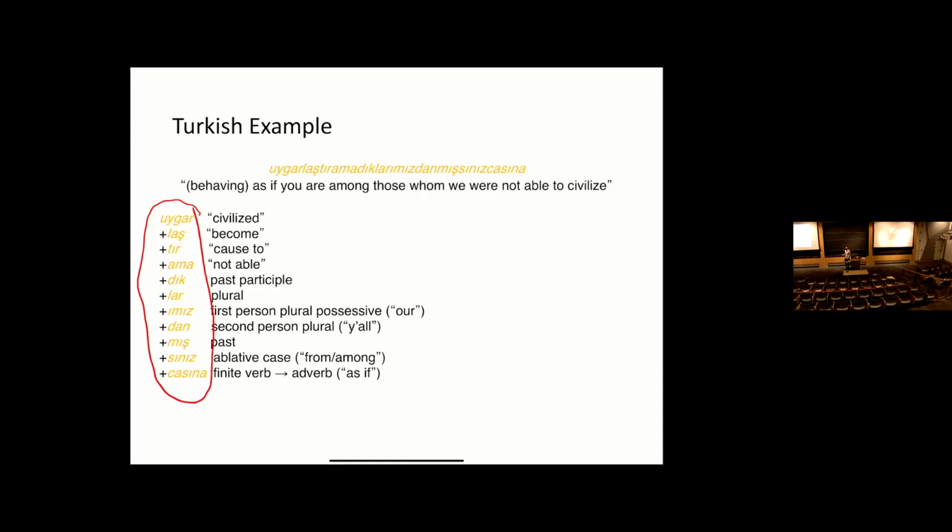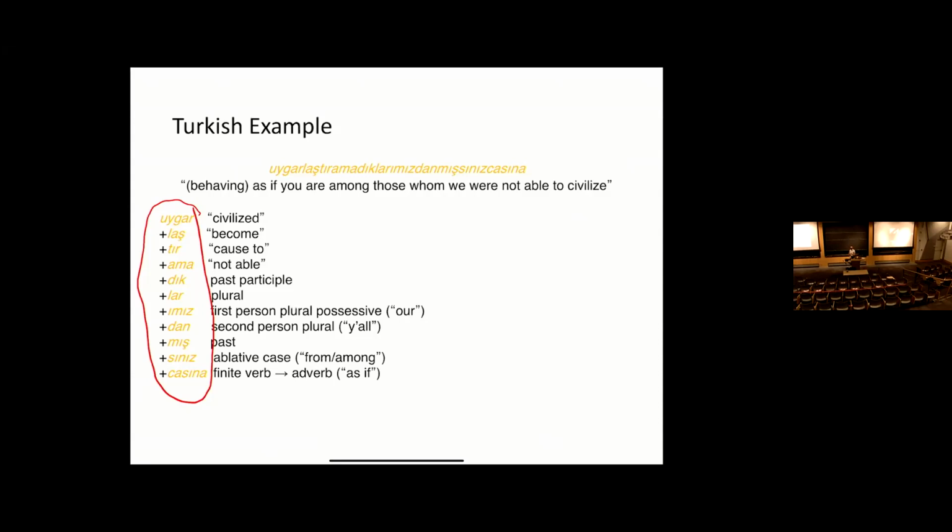With an FST, you can encode all of these generalizations, all of these patterns that allow you to build words like this, these massive monster words, in a relatively compact way. So there are very good FSTs, for example, that exist for Turkish. But this is not a problem just for Turkish.